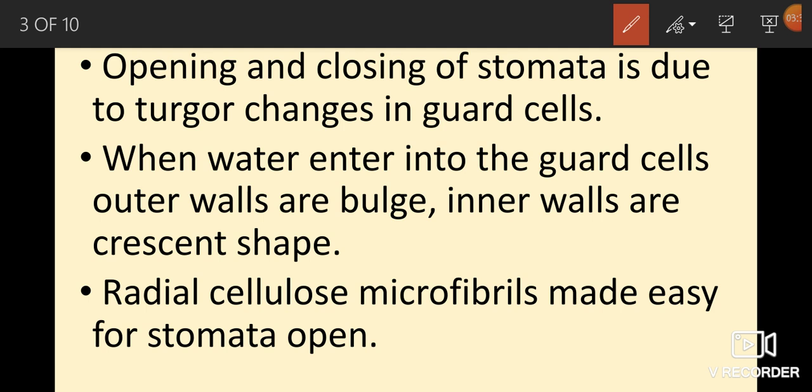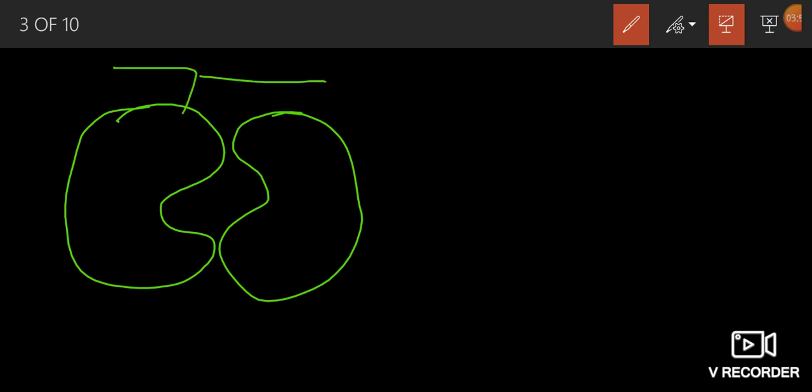When water enters into the guard cells, the cell undergoes turgidity, that is, swelling or bulging. This is the guard cells of a dicot plant, and this one is the subsidiary cells.